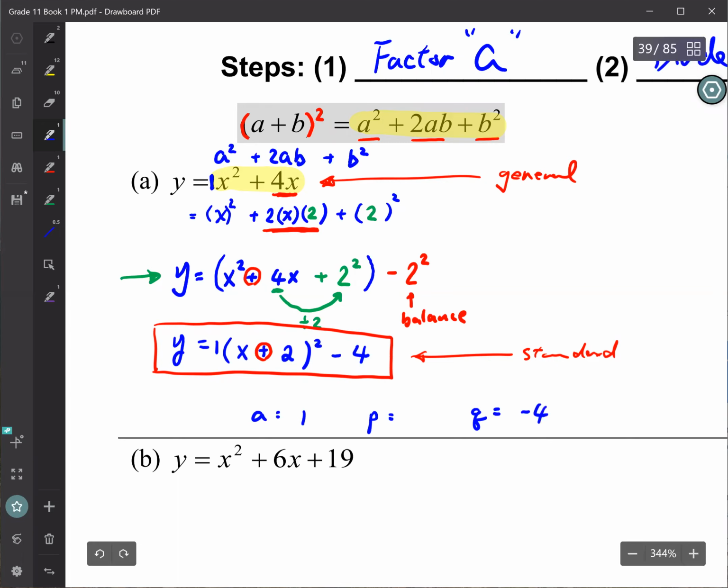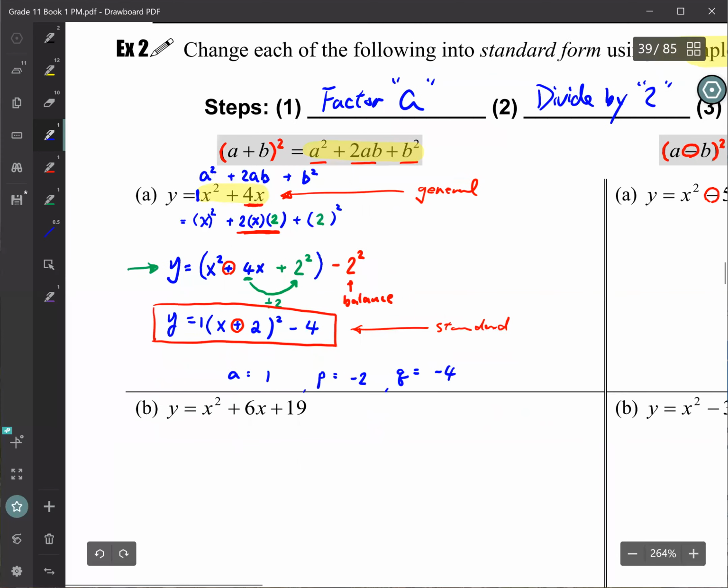P is... I'm not quite sure for P. What number do you see inside the bracket? 2. And you flip the sign. Oh, so it's -2. Yes, very good. So very simple, right? If you remember to flip, that's all you need to do to get P. So that's the APQ for the first one.